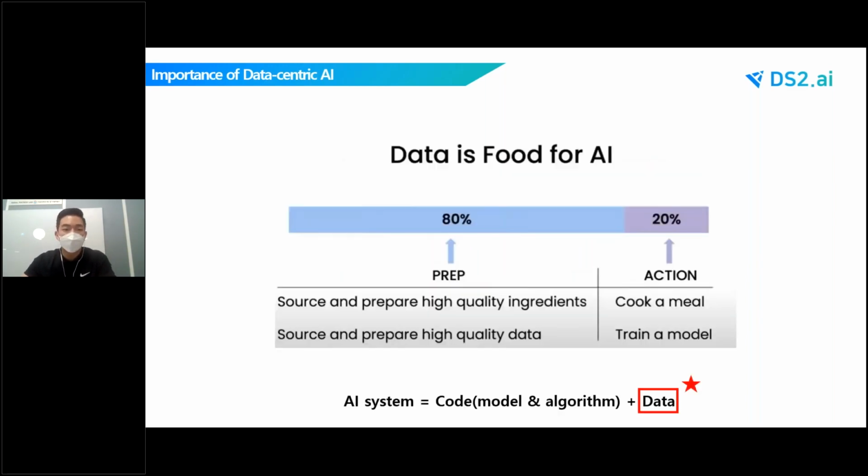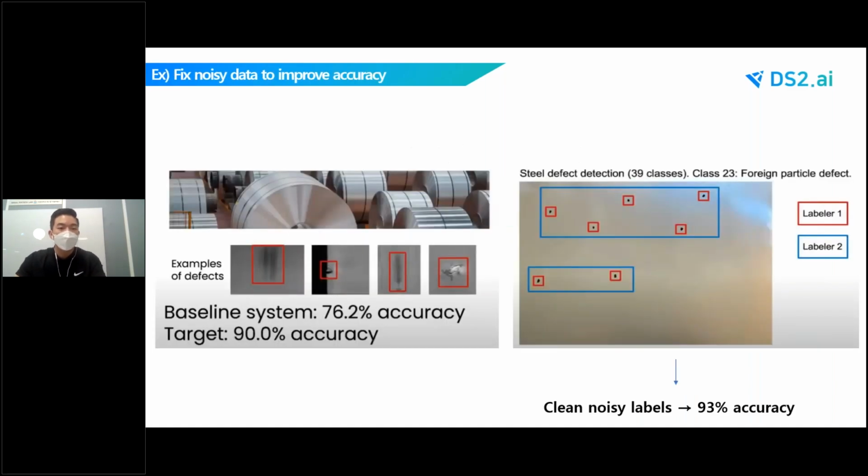So in summary, it is much more effective to refine and improve data rather than to change the structure of the existing codes or the models itself. To briefly look at the steel defect detection, which was able to improve accuracy by 17%, the impact of product defects in the distribution market is reduced only when the defects that can occur in the steel sheet manufacturing process are almost completely detected.